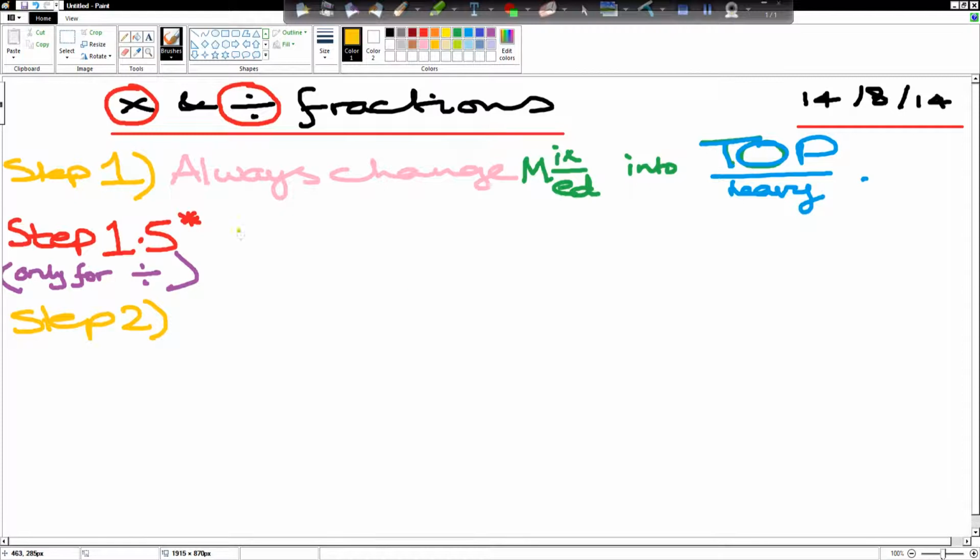Step 2. Once we've changed the mixed fractions into top heavy, when you're multiplying and dividing, we go to step number 2. For multiplying, we try to cancel. Cancel is another name for simplify. We cancel and simplify in which directions?